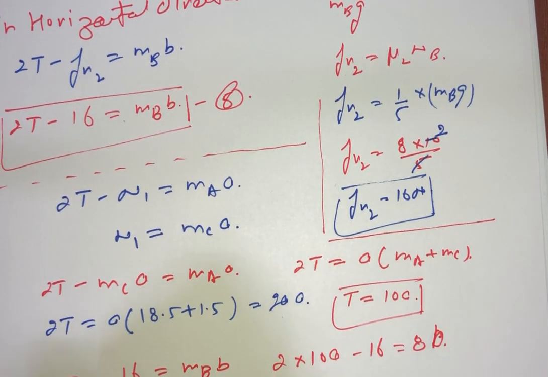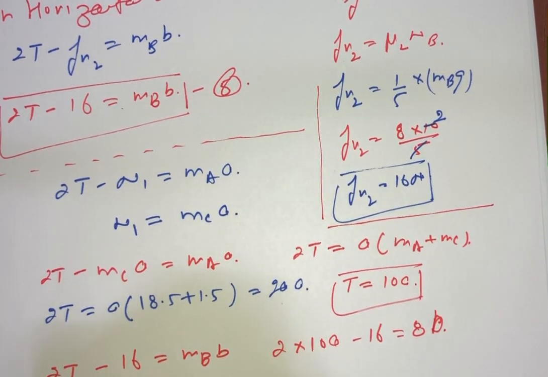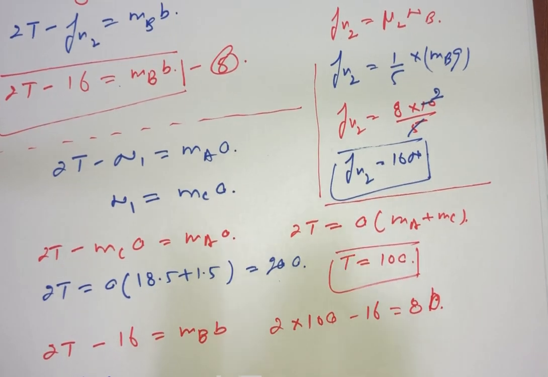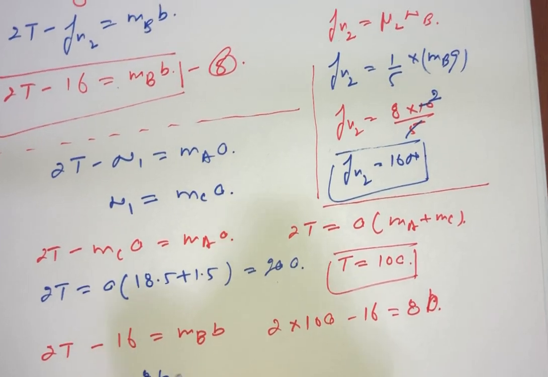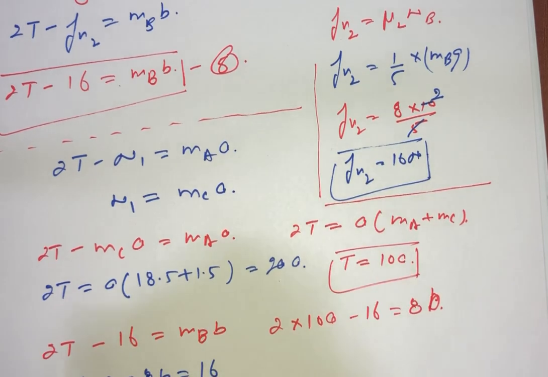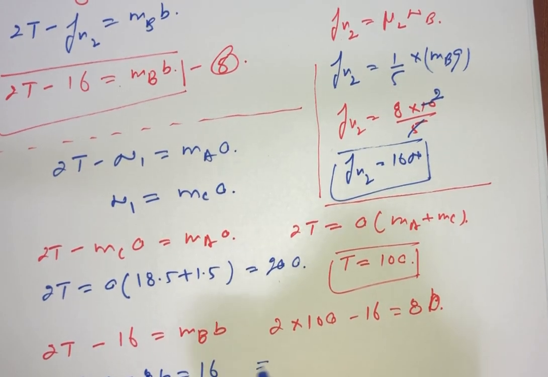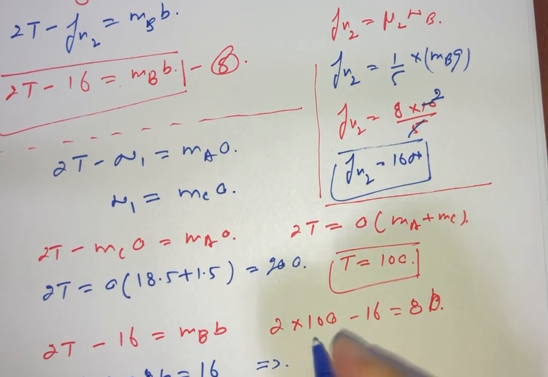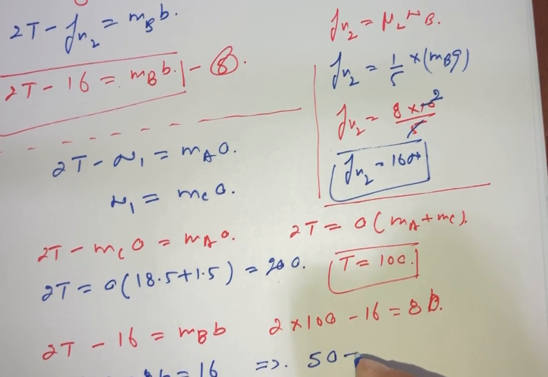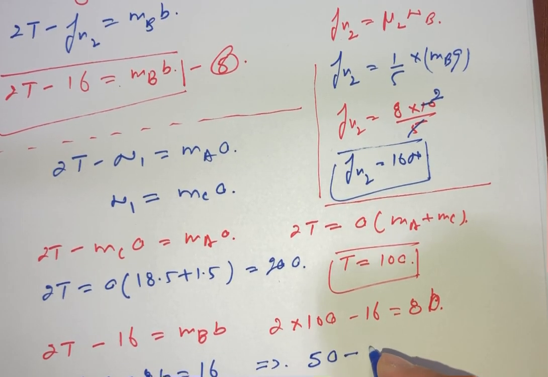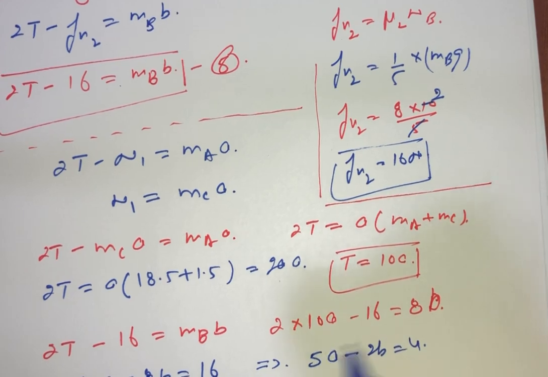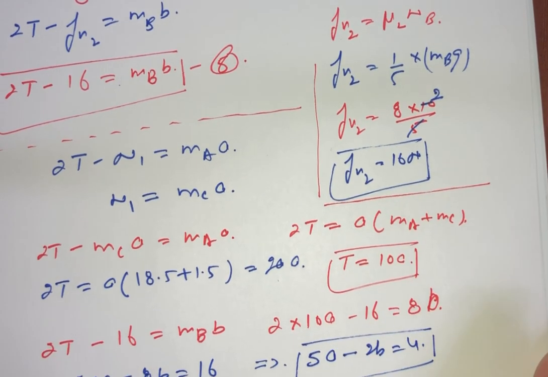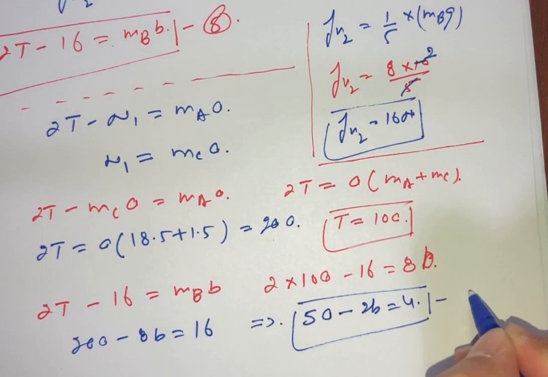So we get 20a minus 8b is equal to 16. We can cut the common factors and we are going to get 5a minus 2b is equal to 4. Let us call this equation number 6.